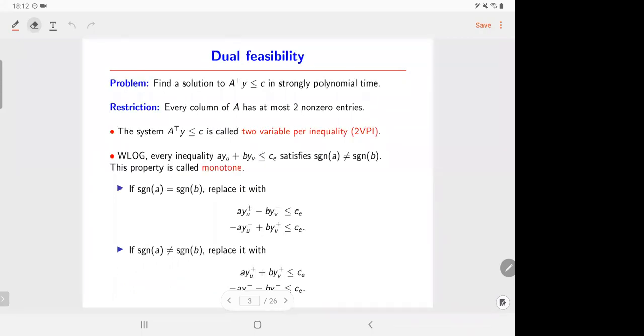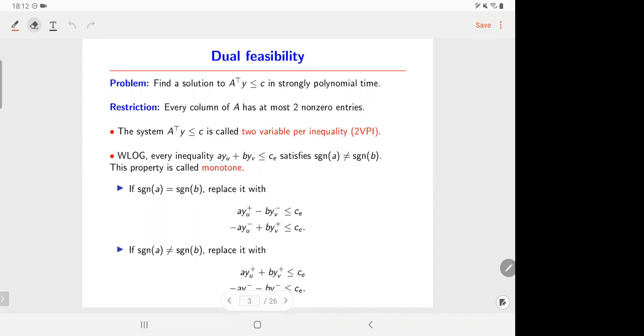Today we'll be looking at the dual feasibility problem. Either you find a solution to A transpose y less than or equal to c, or you conclude that it's infeasible. If we do not put any restrictions on the constraint matrix, then this is equivalent to solving the original problem stated on the first slide, just by strong duality.